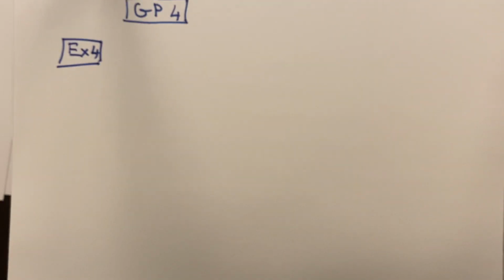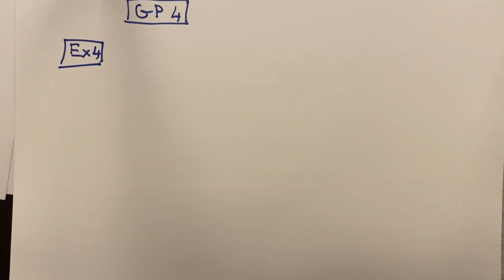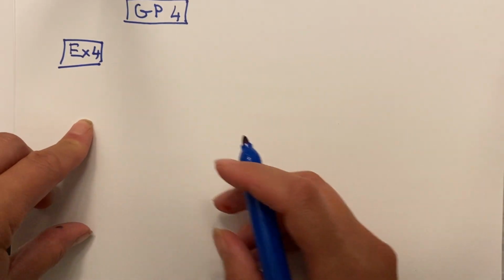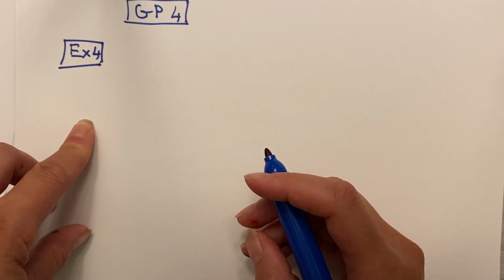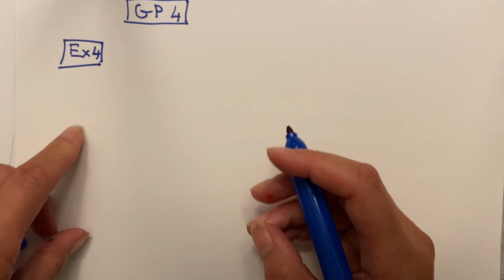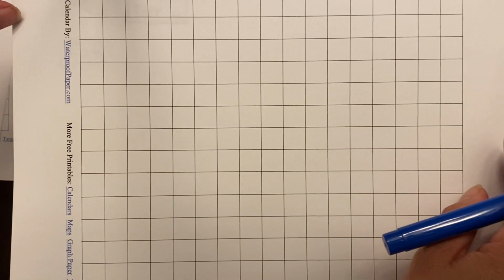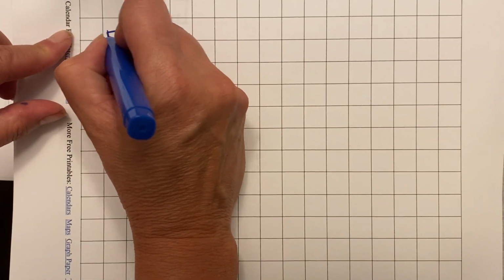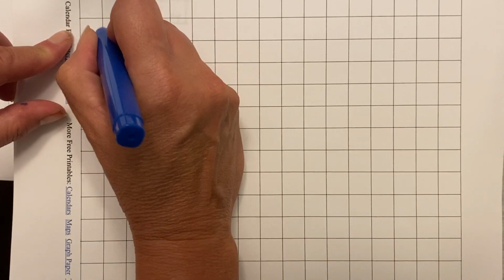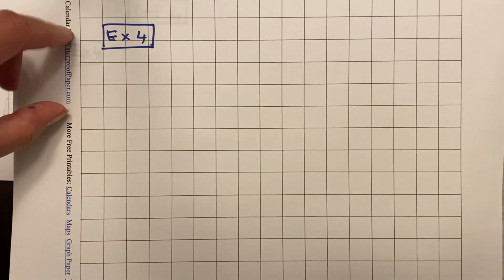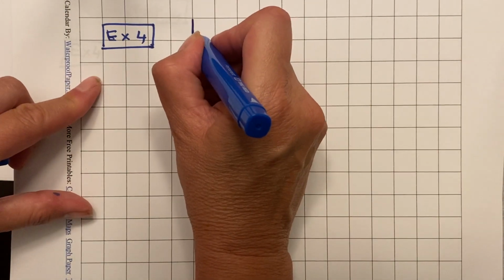And this is just analyzing a graph. I need to draw a good graph, so I'm actually going to switch things up and put some graph paper on here and just rewrite example 4 so it's clear for you. And I'm going to do something very similar to what we did earlier.